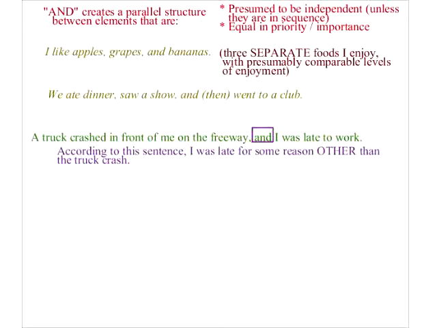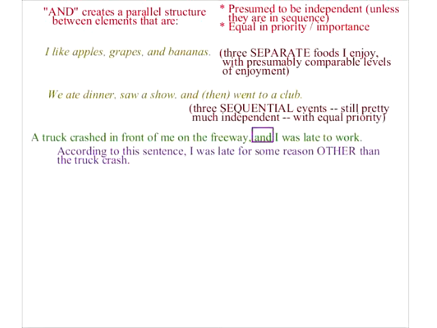These are three sequential events. Still not really dependent on the other. Still pretty much independent, with none subordinate to the other, with about equal priority. So this is the way that you use the word "and."